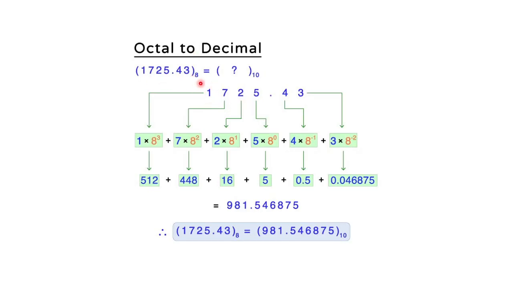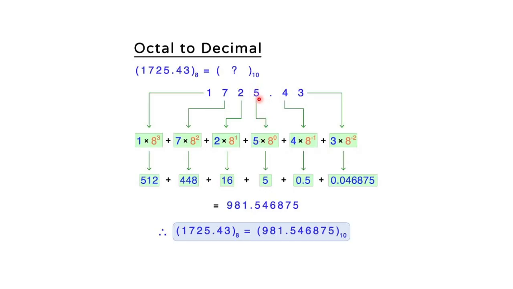Now you can see 1725.43 in base 8, and we have to convert it to base 10, that is, to decimal. What we are doing here is taking each digit: this is 5, this is 2, this is 7. On the left side of the point, we multiply each digit.